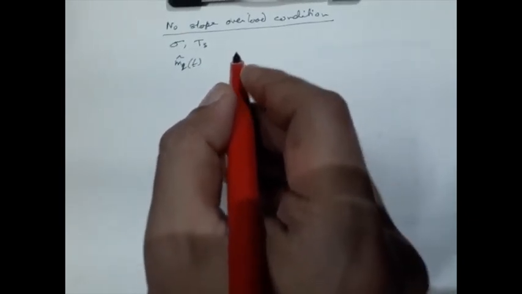So m_q(t), the integrator output, is capable of changing by an amount of sigma.